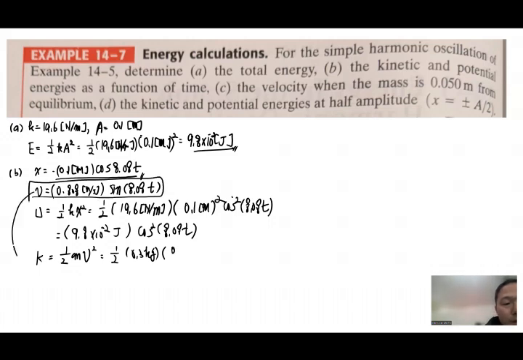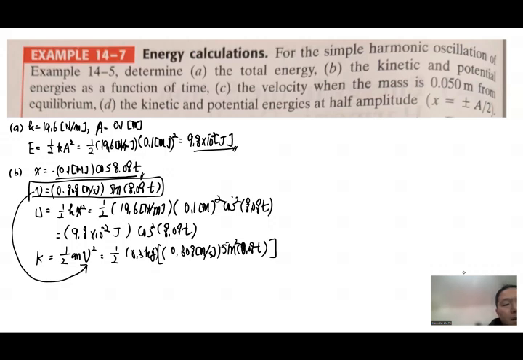We plug into this formula: 0.808 meter per second times sine 8.08 t, squared.